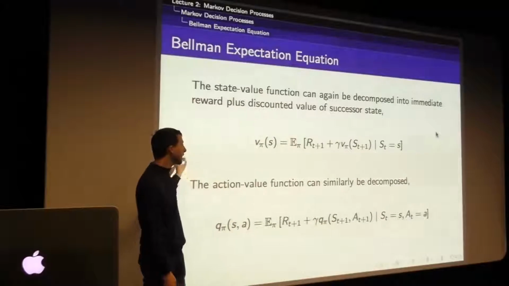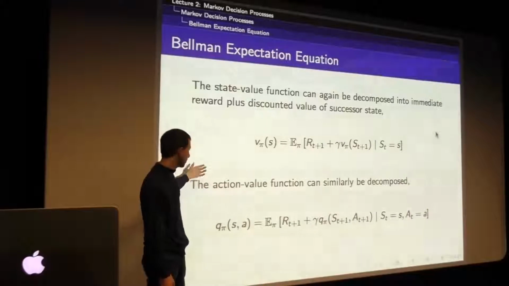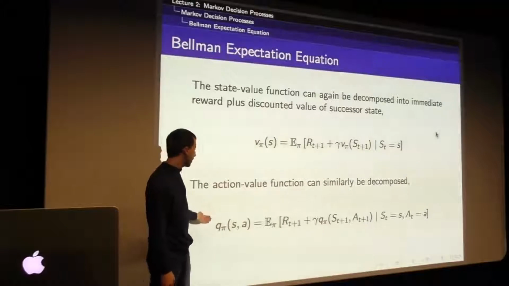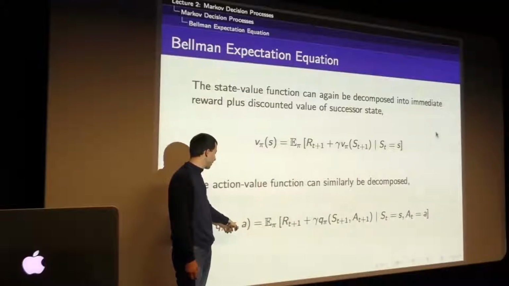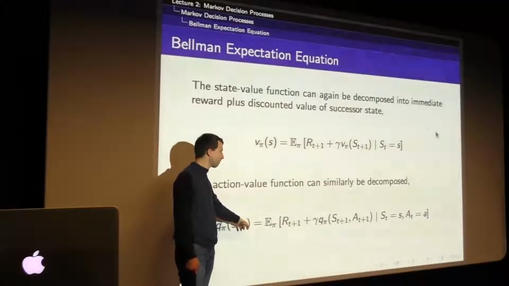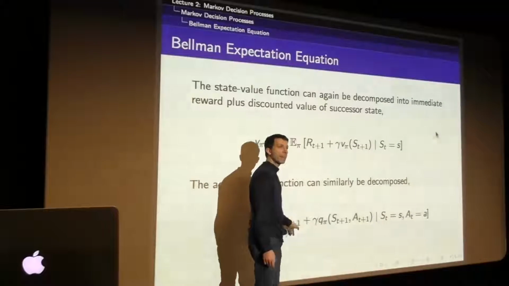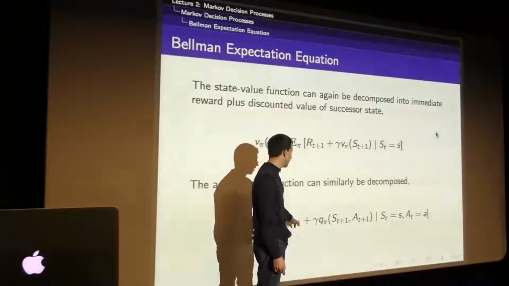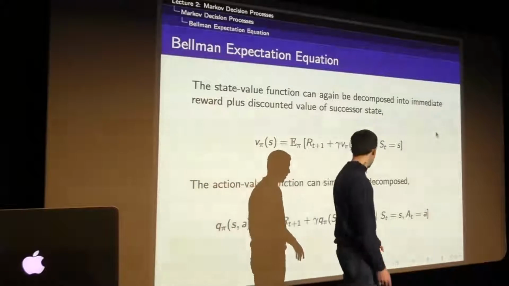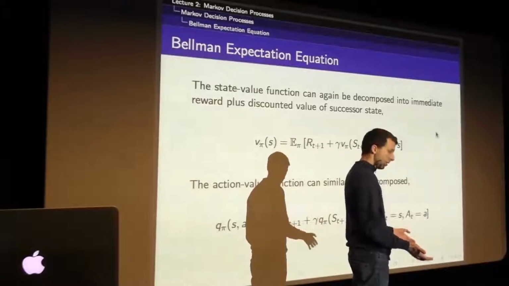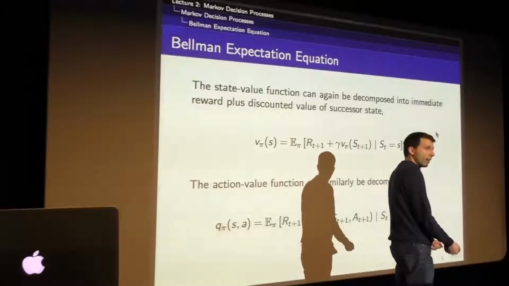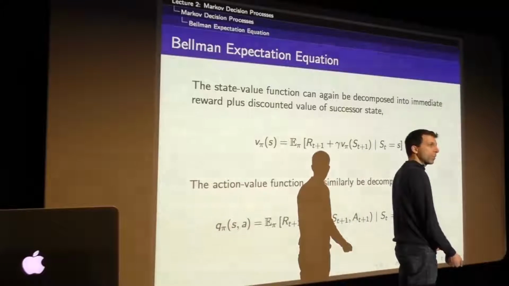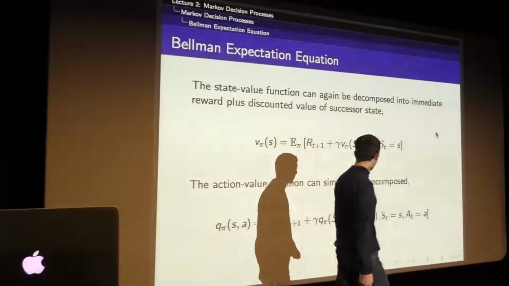We can do the same thing with the action value function, with these Q values. This basically tells us now, if I'm in one state and I take an action from there, then I'll get some immediate reward for that specific action. And then I'll look at where I end up, and I can ask, well, what's the action value of the state that I end up in under the action that I would pick from that point onwards? Okay?